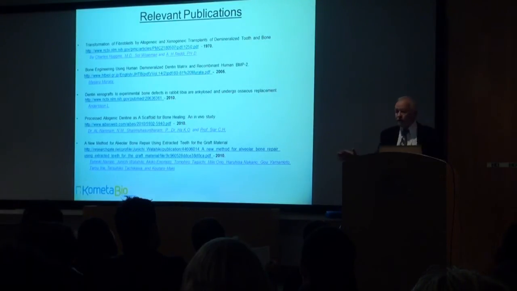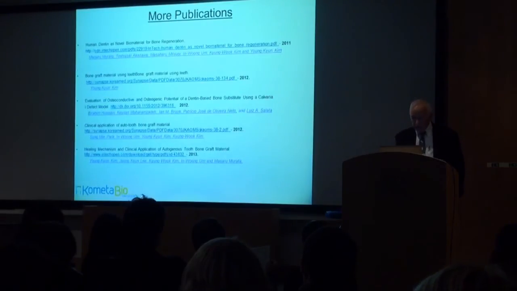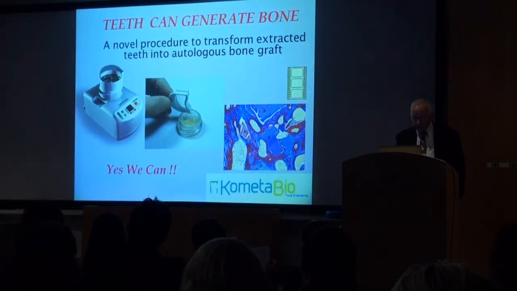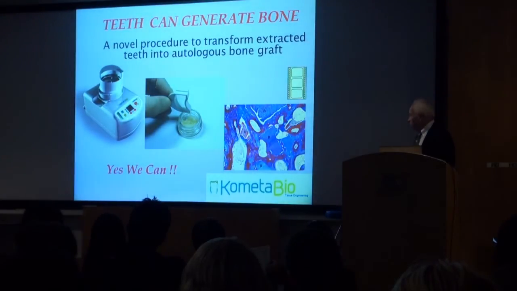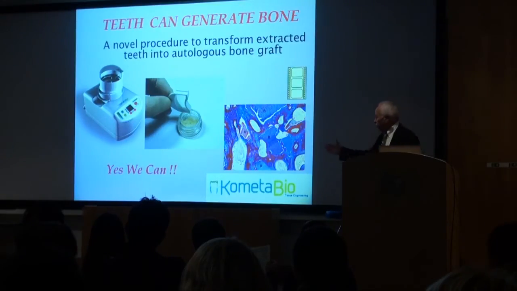But we don't want an inductive property. We want more a bioactive, osteogenic property of the matrix. Here are many other publications, and more are being done. So we believe that teeth can generate bone.